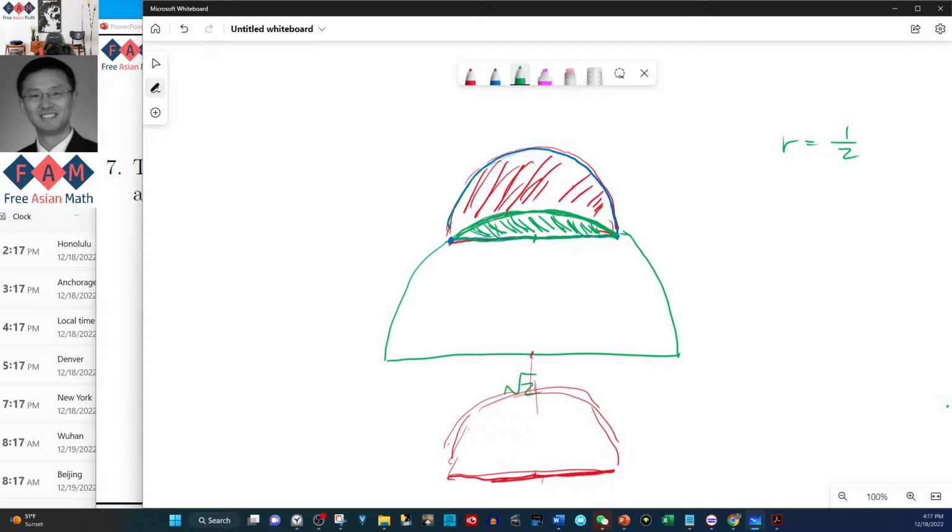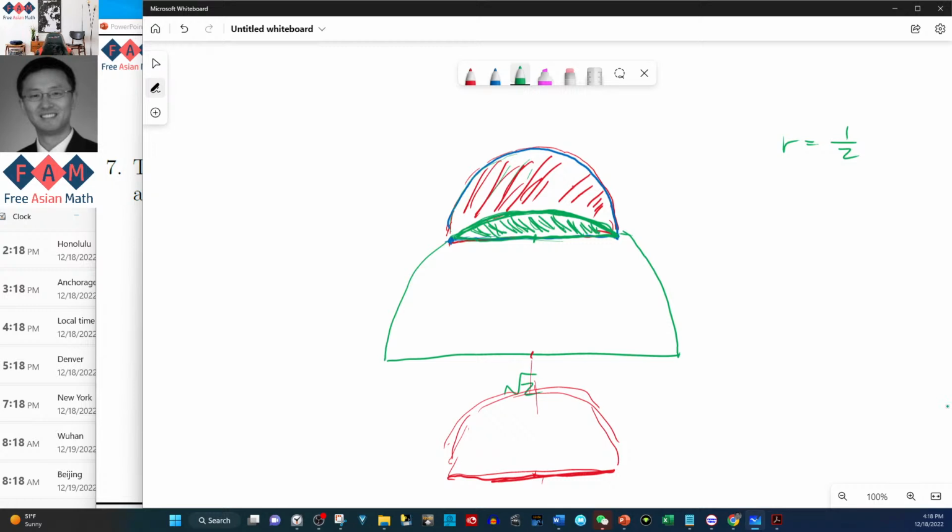We still don't know this immediately, but it looks simpler because it has a straight line and only one arc. If we can compute this one, then we can compute the red shaded, the original shaded area, by subtracting the green one from the smaller semicircle.